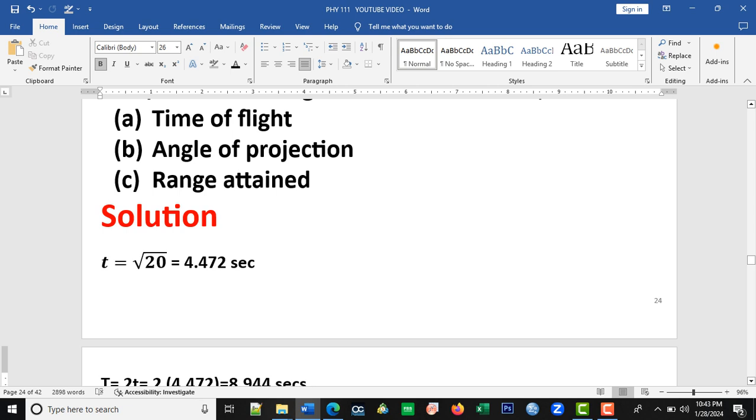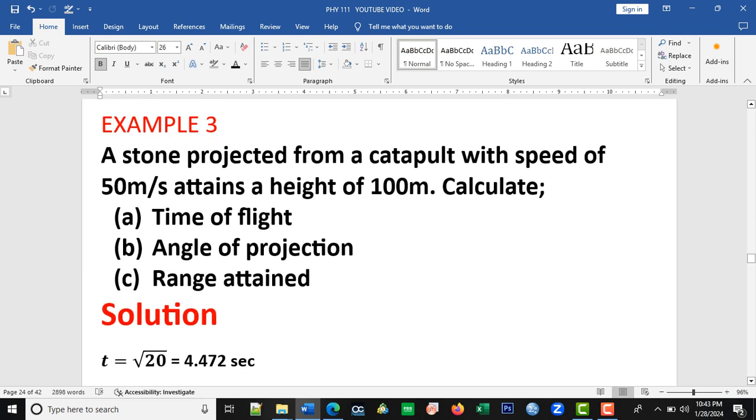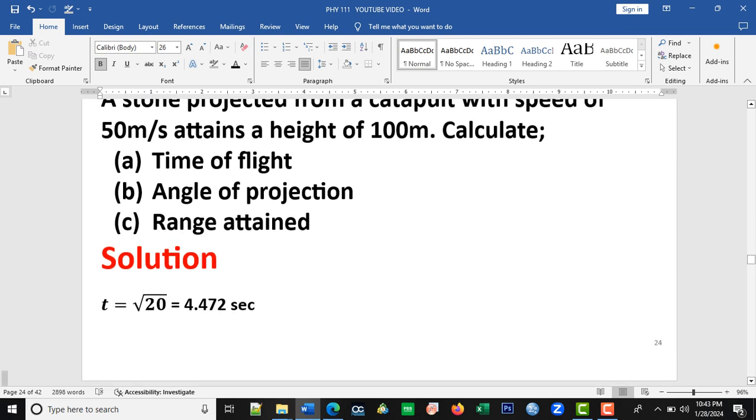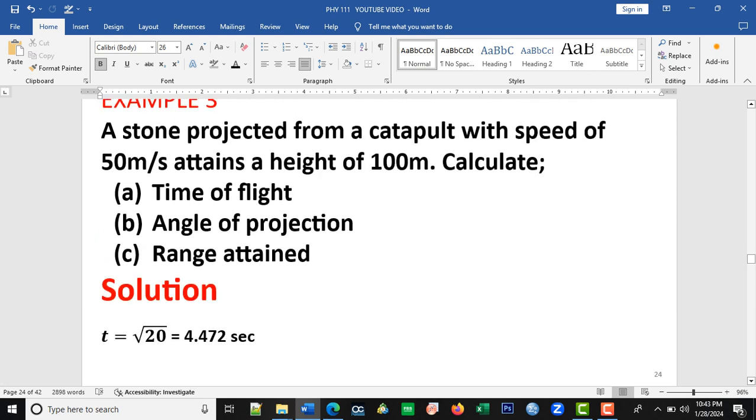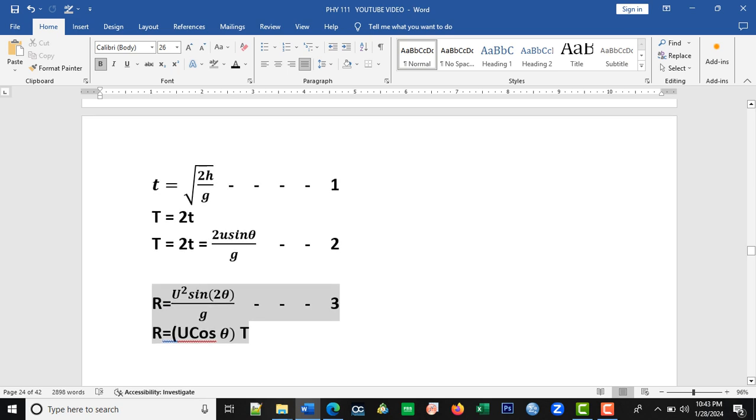So B says angle of projection. For us to get the angle of projection, we are going to look at an expression that will come with the quantities we have here, which is U, H, and then T that we have been able to solve here. So those three quantities will help us get the unknown, which is theta.